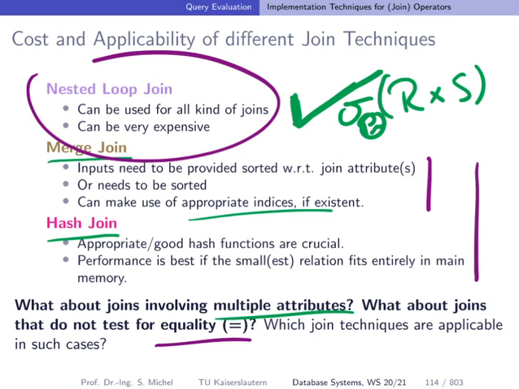And lastly, I want to mention again that if the join predicate is such that it allows many join partners to be found, or the data looks like this, what can come out of a join computation is always the cross product, right? This is the superset of all join results that are possible.